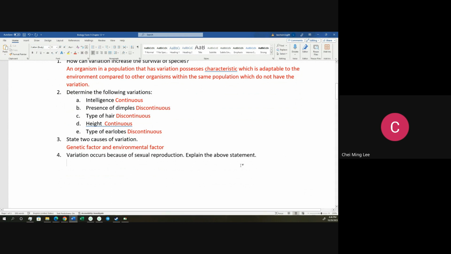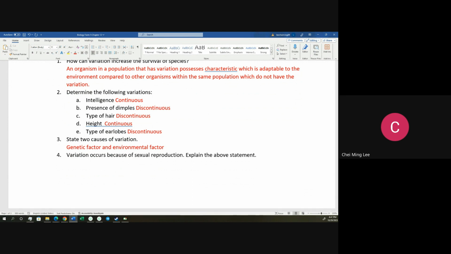Because of sexual reproduction, there is fertilization and it involves meiosis, and also the fertilization between the male and female gametes. So crossing over occurs during meiosis, and the fertilization between the male and female gametes occurs randomly, and this will cause variation in the offspring produced.